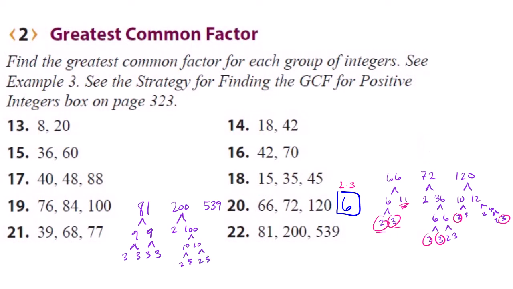You don't have to break down the tree. But 81 and 200 don't have any common factors, right? So we don't even have to break down 539 because we already know that the greatest common factor between 81 and 200, since they don't share any prime numbers, is going to be 1, right? And since that's the biggest number that is common with these two, there can't be anything bigger that is also in common with 539, right? So here GCF is 1.